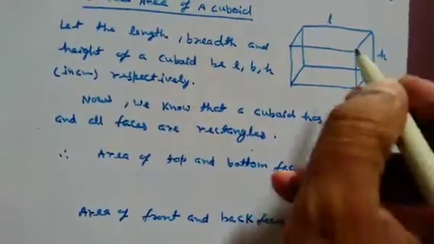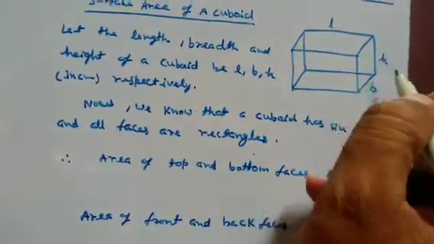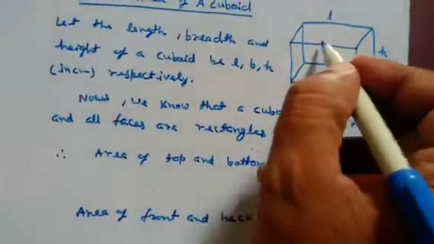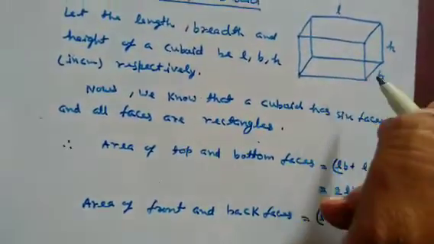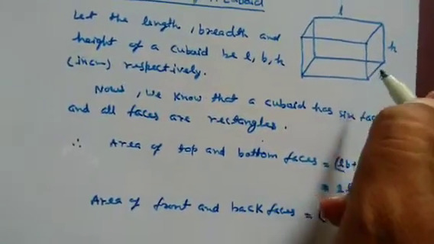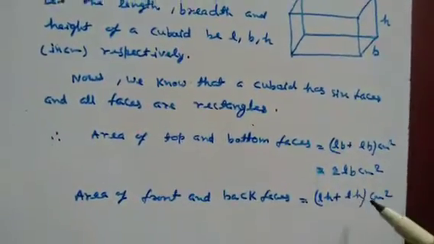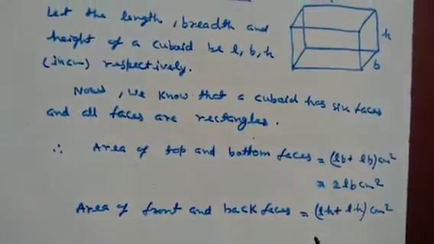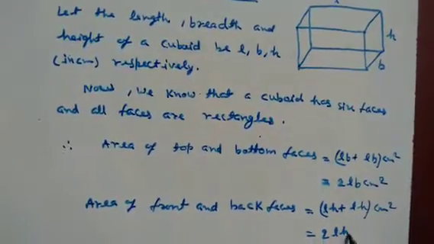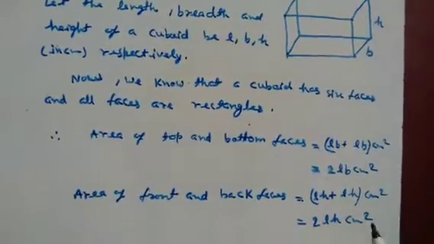So the area of the front face is length into height and the area of the back face is length into height. So the area of front and back faces is equal to LH plus LH, equal to 2LH centimeter square.